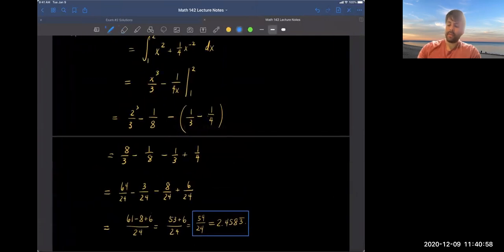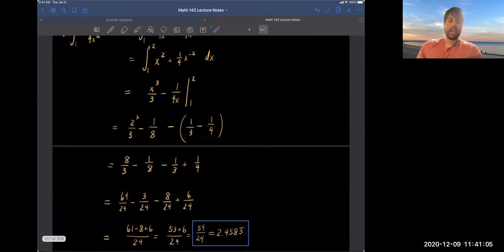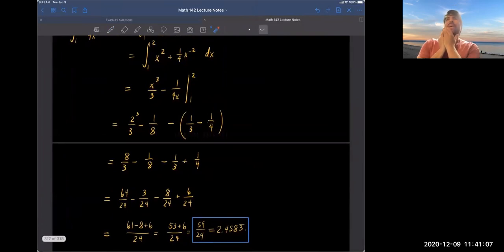So be very careful of the antiderivatives. And guys, this is okay. It's like a dilemma, right?